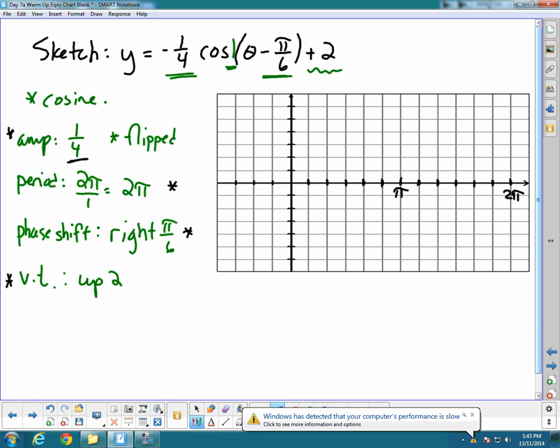Like I can't go 1, 2, 3, 4 and say 1, and then this is a quarter. This would be a quarter, which would help with my amplitude. But the problem is, of course, I'm going to move up 2. So if I move up from 2 here, it's going to take me off of the axis. So what I need to do is pick something that's somewhere in between.